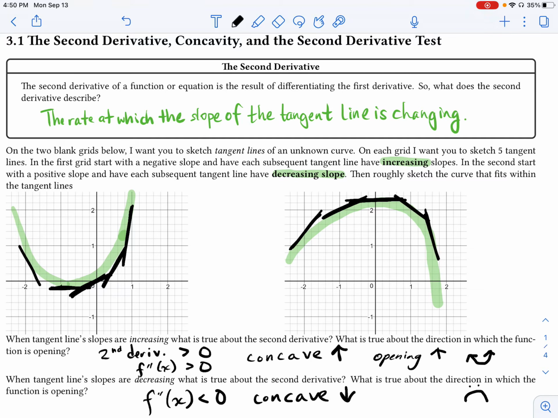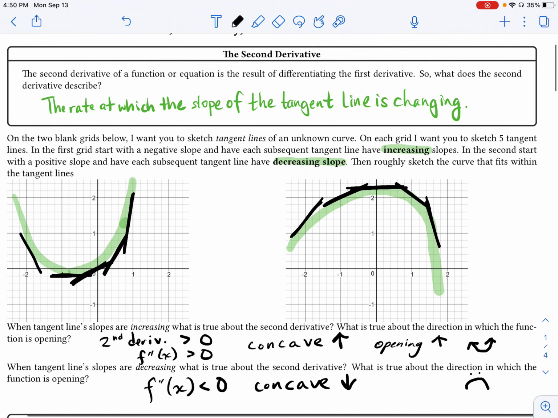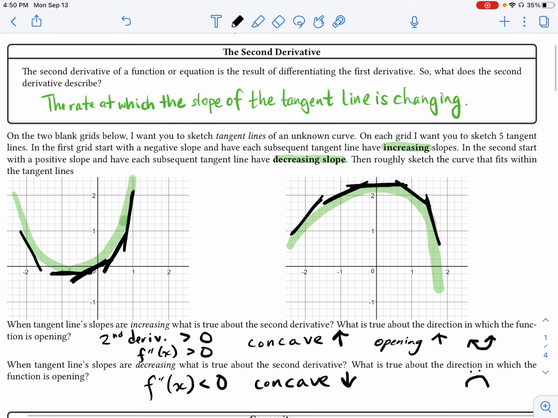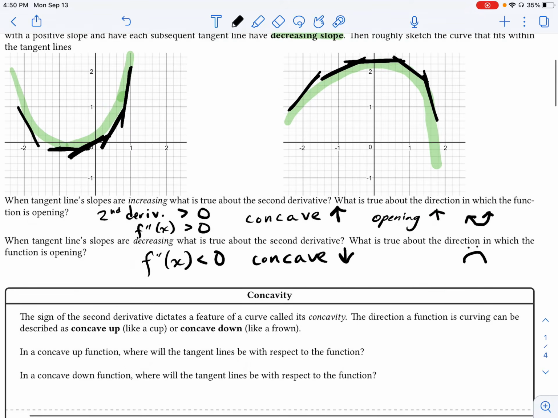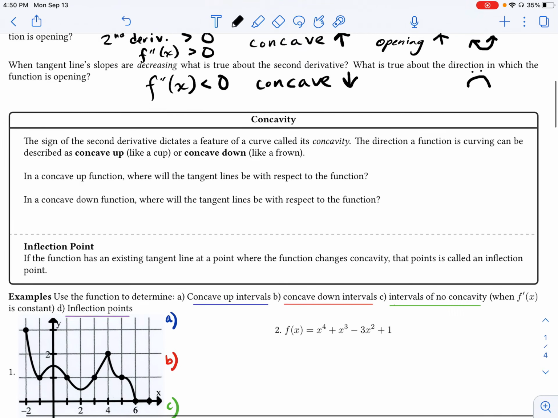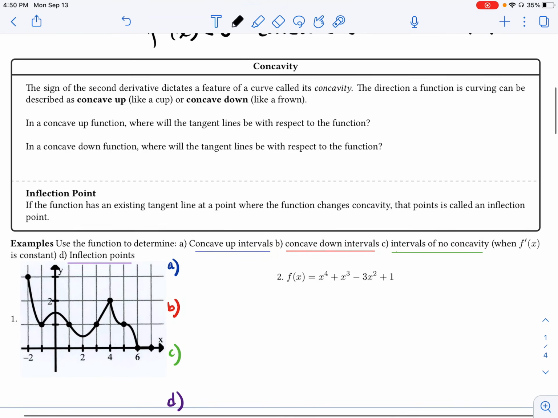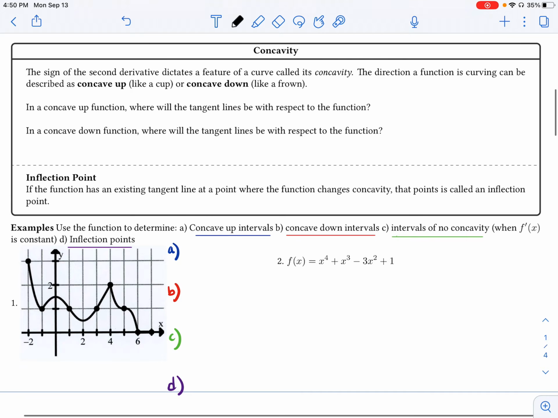So what we're describing right now is the way a function behaves, or a feature of a function. We are describing its concavity here. So the concavity is a feature that tells us how the function is behaving. So in a concave up function, we notice that our tangent lines are going to be below the function, as we saw in our previous examples.